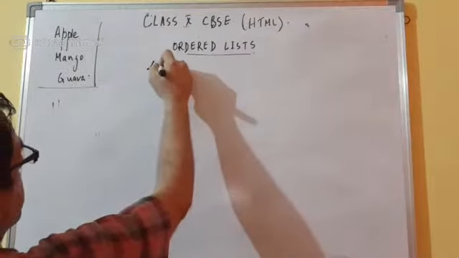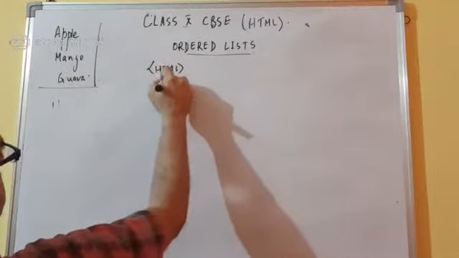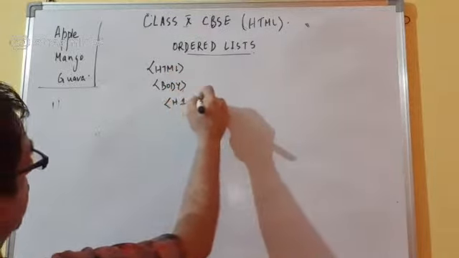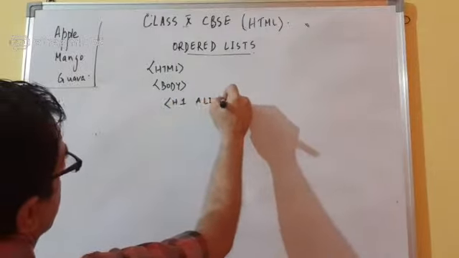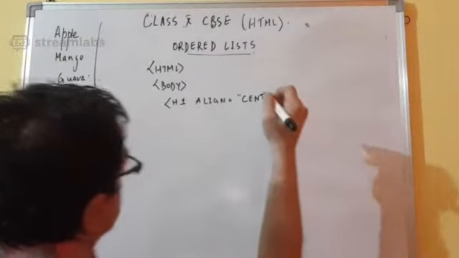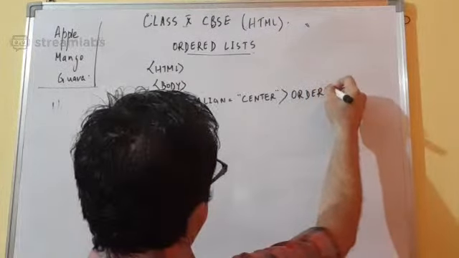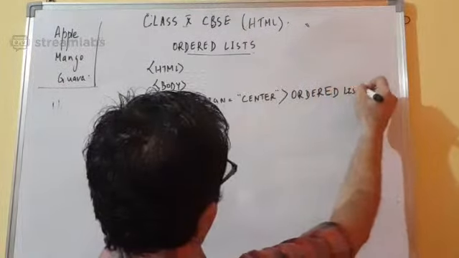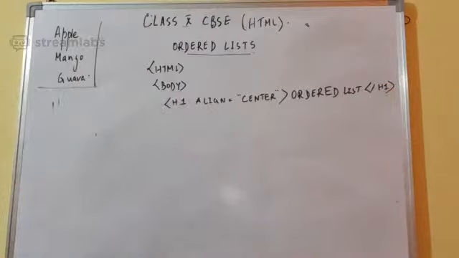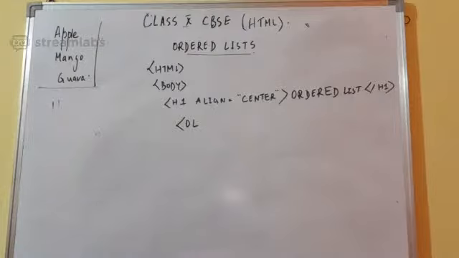I'll write only the body part, or I can write HTML and then straight away body, and then h1 align equal to center, and then write here ordered lists, and then close this h1 tag. Then I introduce the OL tag. OL stands for your ordered list.